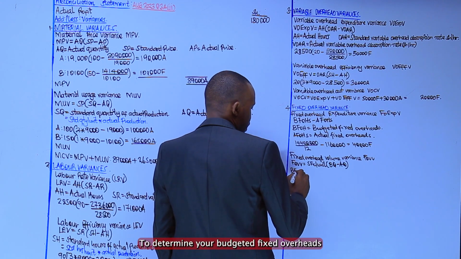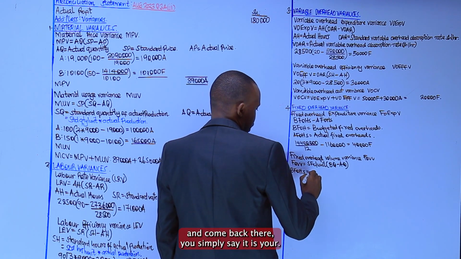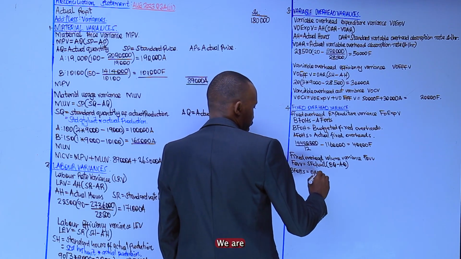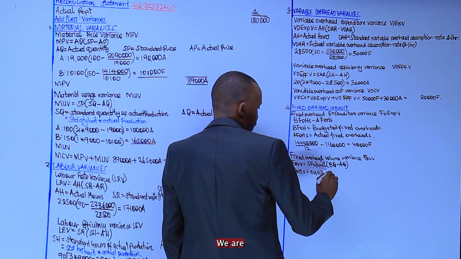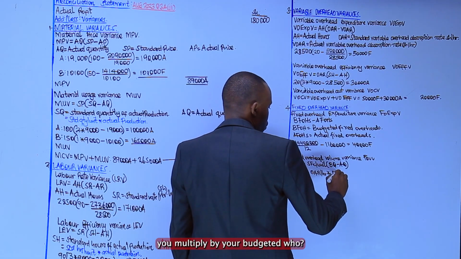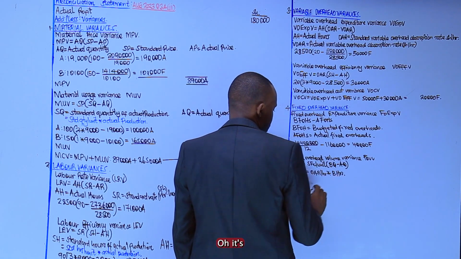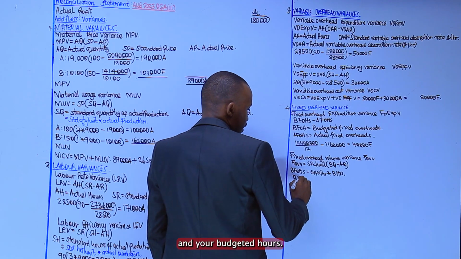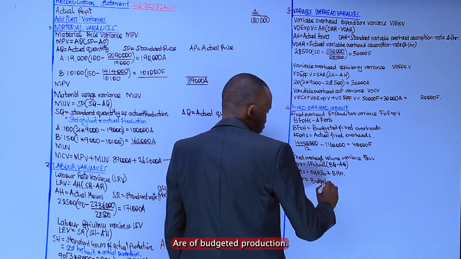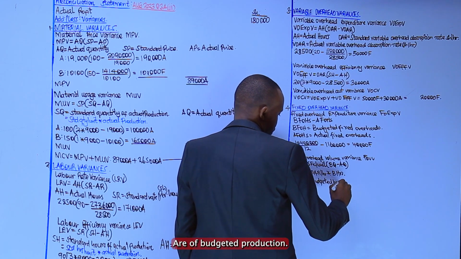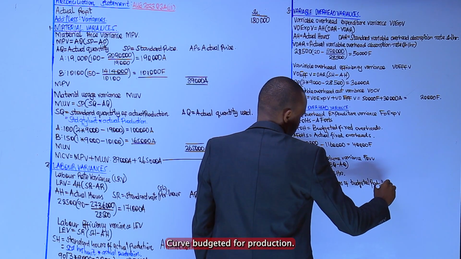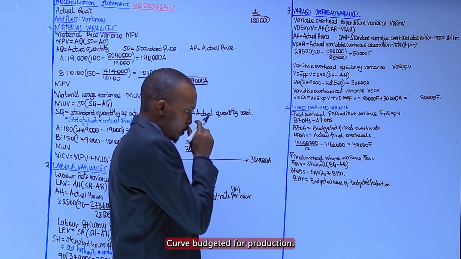To determine your budgeted fixed overheads, let me come back there. You simply say it is your OAR per hour. You multiply by your budgeted hours. And your budgeted hours are of budgeted production.